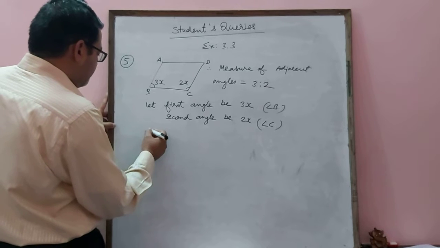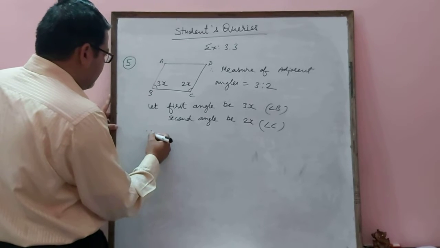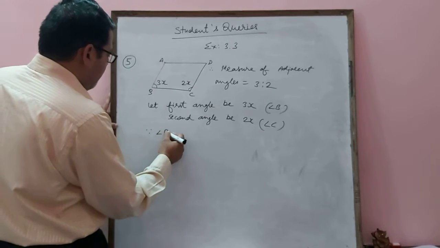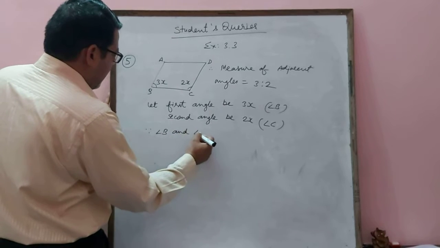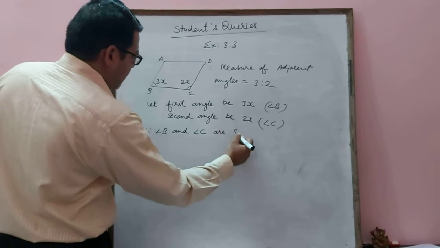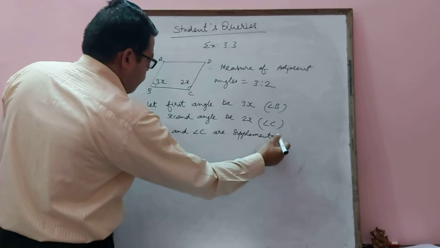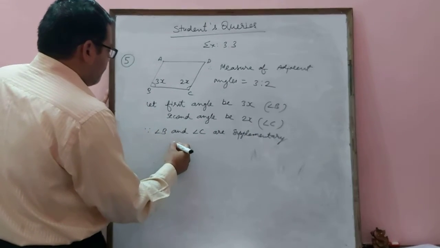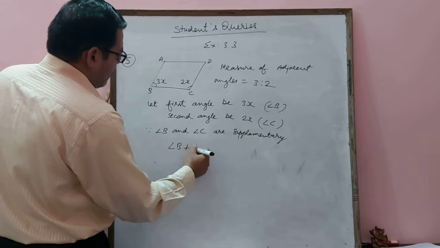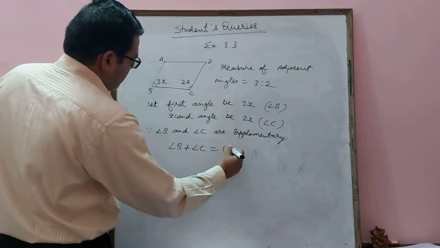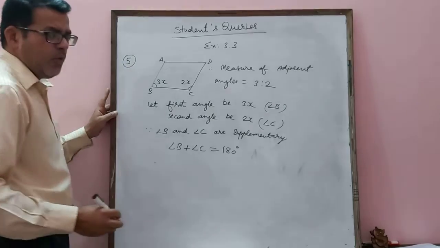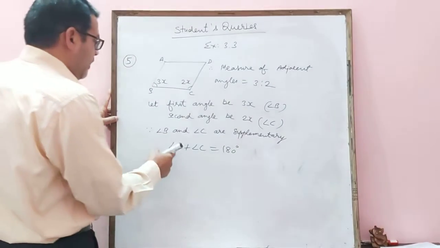So you have to mention here, since angle B and angle C are supplementary, angle B plus angle C equals 180 degrees.